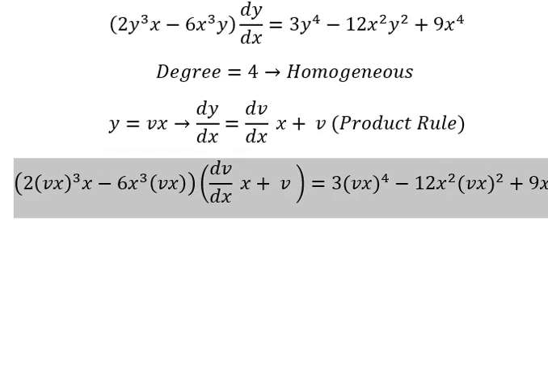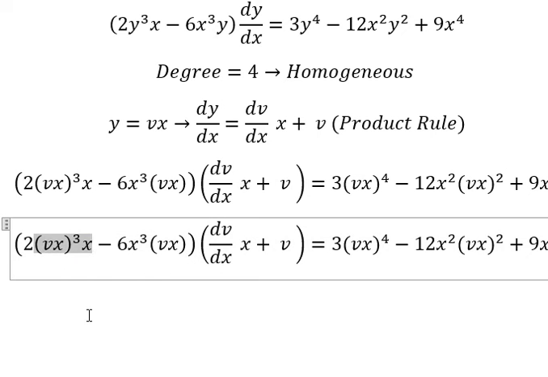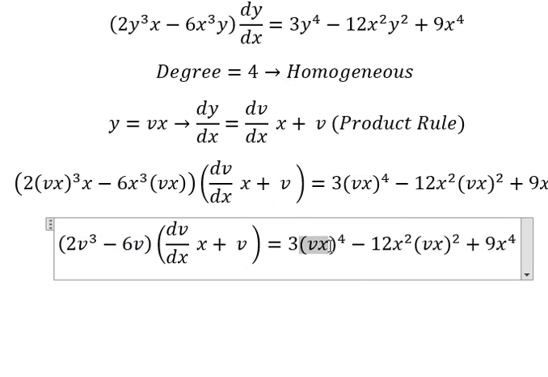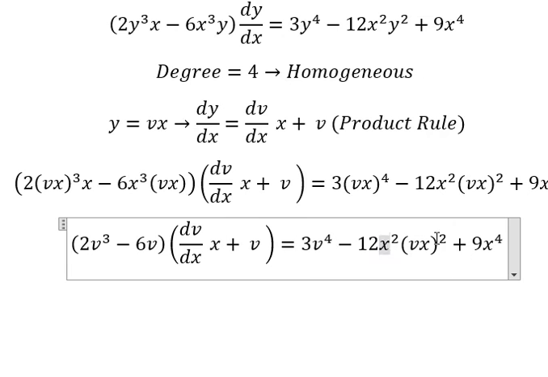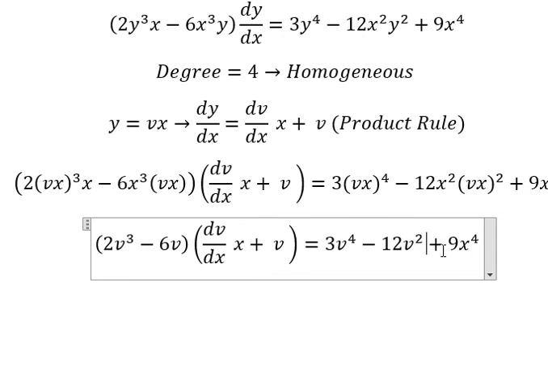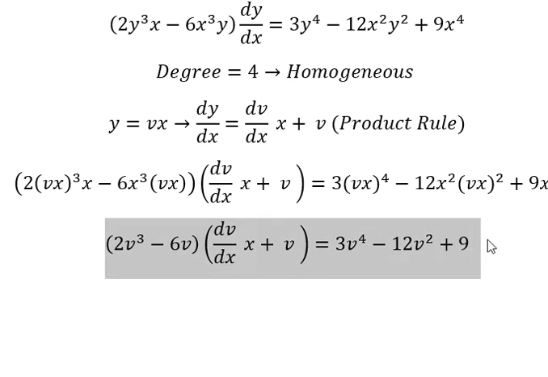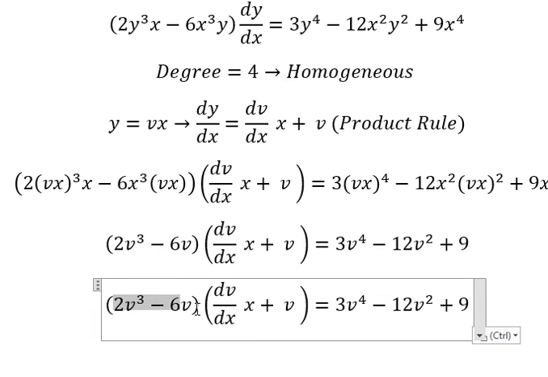Next, we need to simplify x to the power of 4 for both sides. So we have like this. Next, we divide both sides by this one.